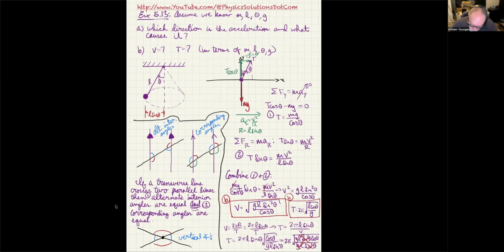Now, part A said, what is the direction of the acceleration? I think that's pretty obvious from my diagram, but the direction of the acceleration is this.